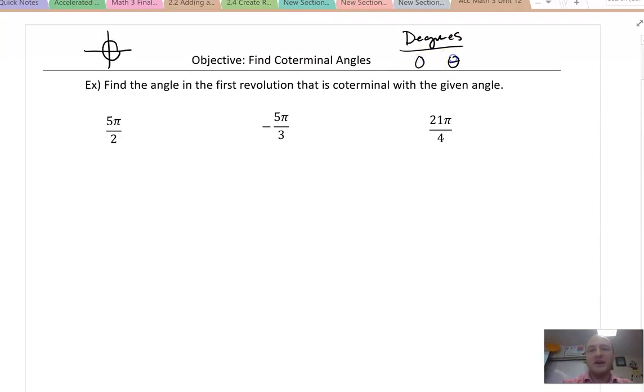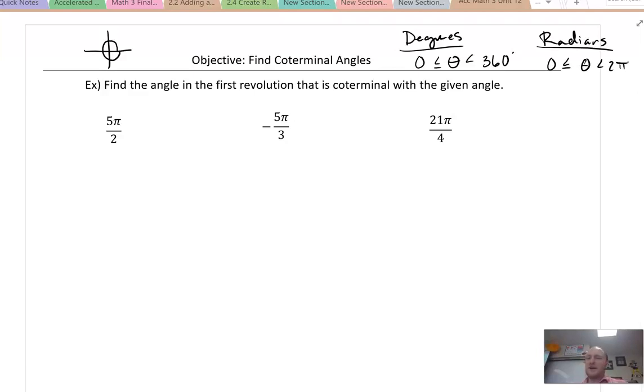So you want theta to be between 0 and 360 degrees. And if we're talking radians, we want theta to be between 0 and 2 pi. So that's what we're going to do here.